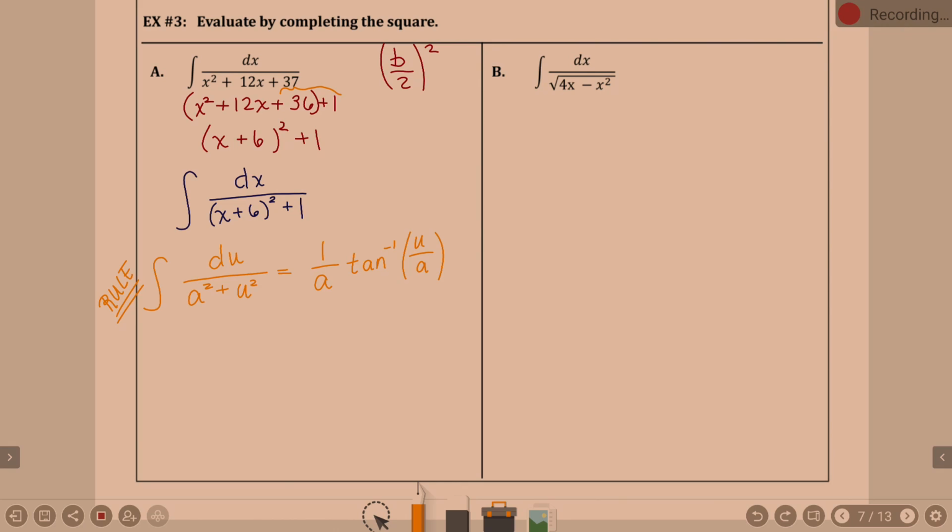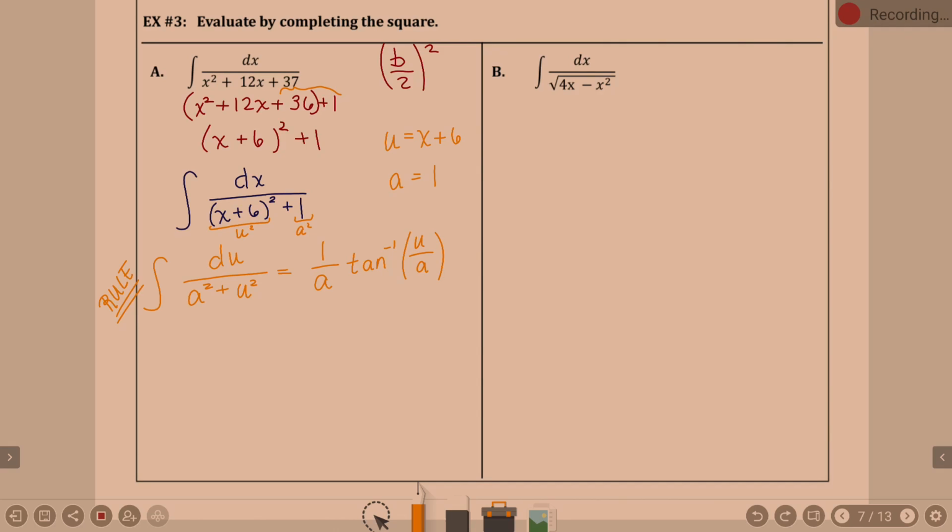A is a constant. Okay, u is x plus 6, so a is 1. This is the idea of u squared, and this is the idea of a squared. So realizing u is here on top, u is your variable and a is a constant. We're using u as x plus 6, a as 1. Just u itself, not u squared, is x plus 6.